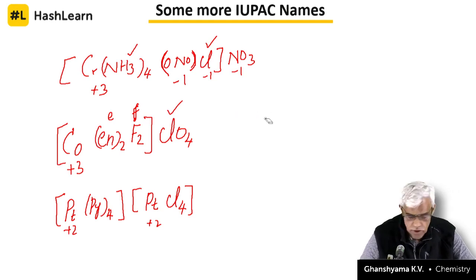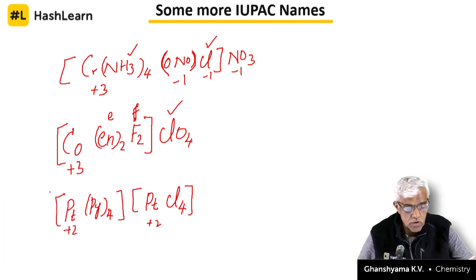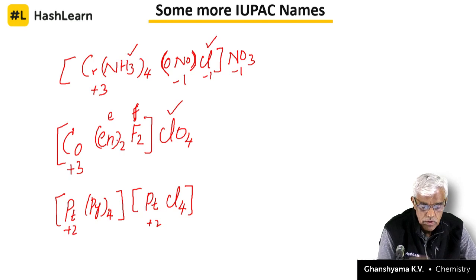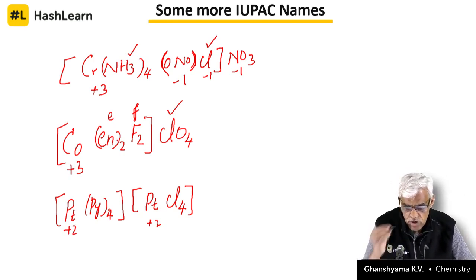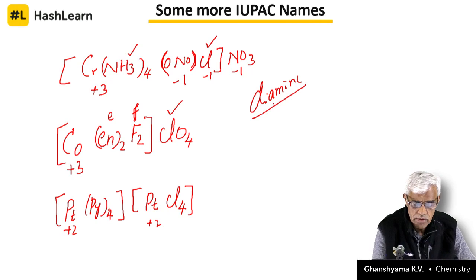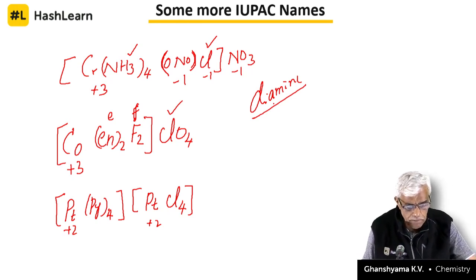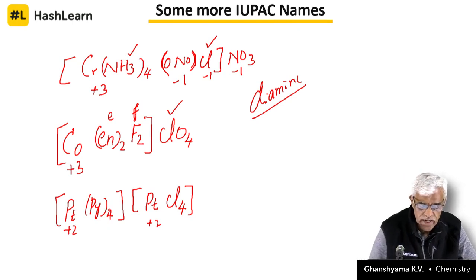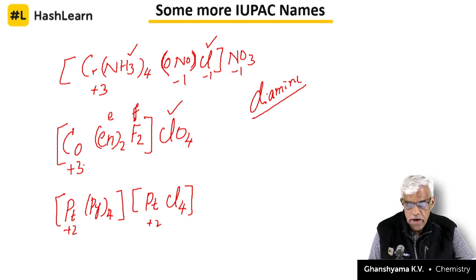Hence the name of the compound is bis. There are two ethylene diamine. Already in the word you have got ethylene diamine, therefore we cannot use di again. Therefore bis ethane 1,2-diamine difluorido cobalt 3 perchlorate.